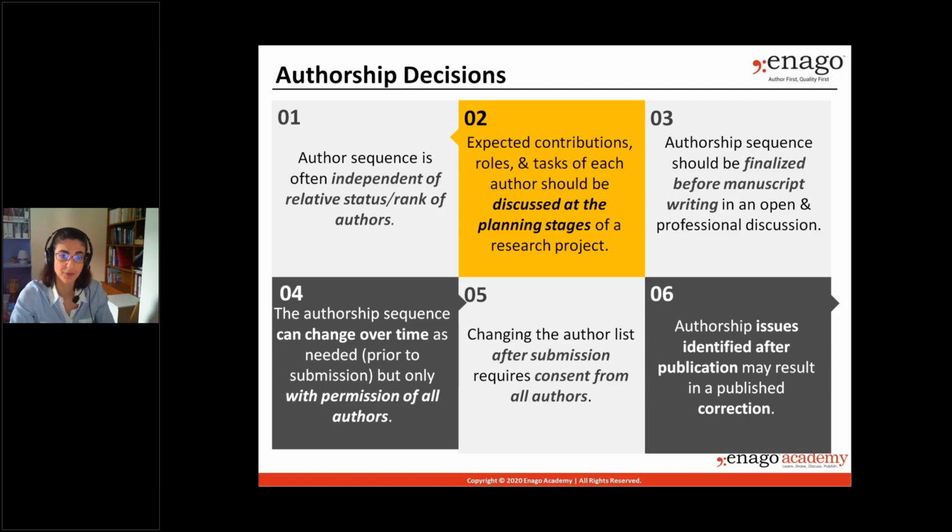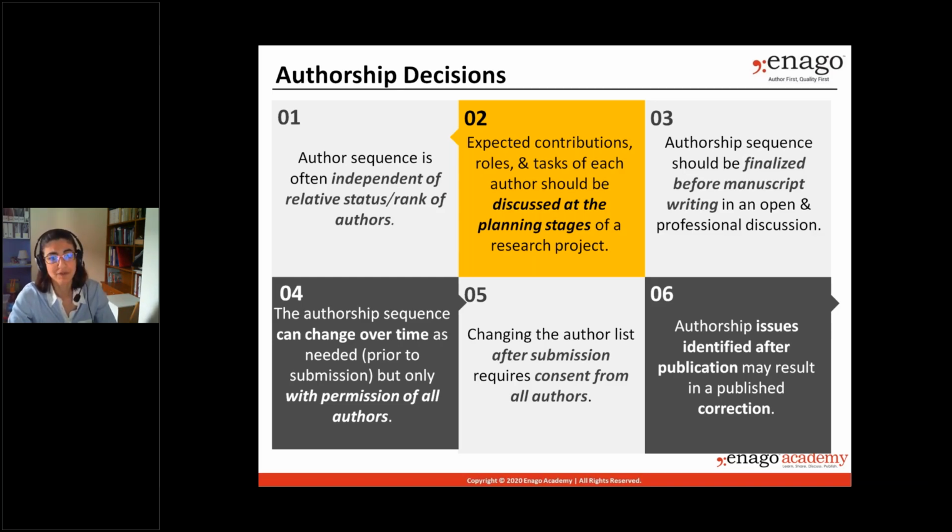It really helps if right from the beginning it is clear who is doing what, how much work, which specific parts of the research work, which specific parts of the write-up. Of course, this may change along the progress of a project. However, it's important to set out some outline in the beginning, and then if changes need to take place because of the developments of the research project, then these can be discussed along the way. But it's generally ideal to have resolved this before reaching the point of the manuscript write-up.